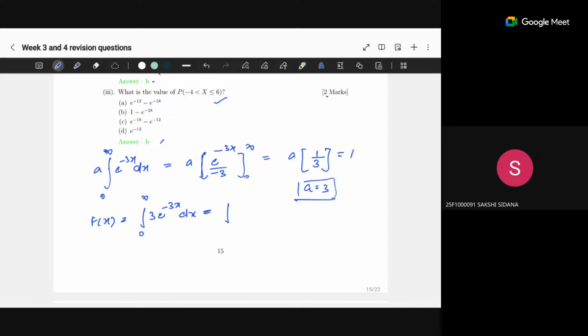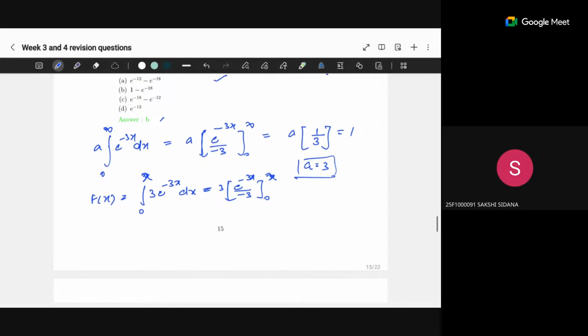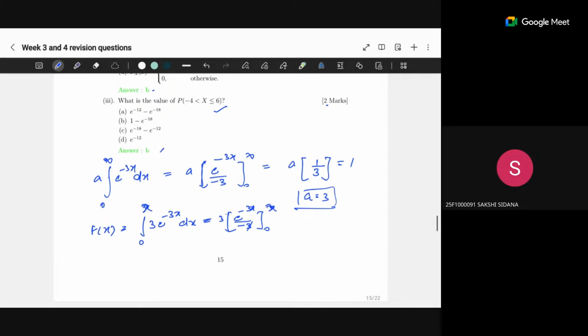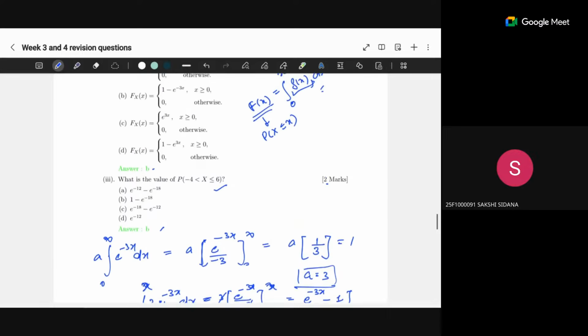This will be 3 into e raised to the power minus 3x upon minus 3, from 0 to x. Now 3 will get cancelled, so I will be left with e raised to the power minus 3x minus 1. Right?